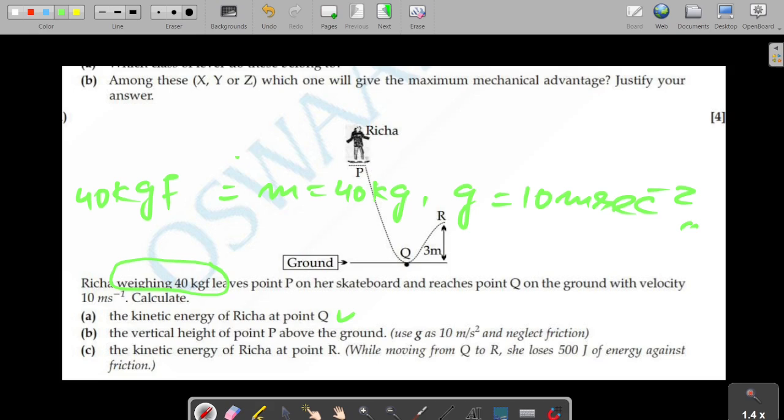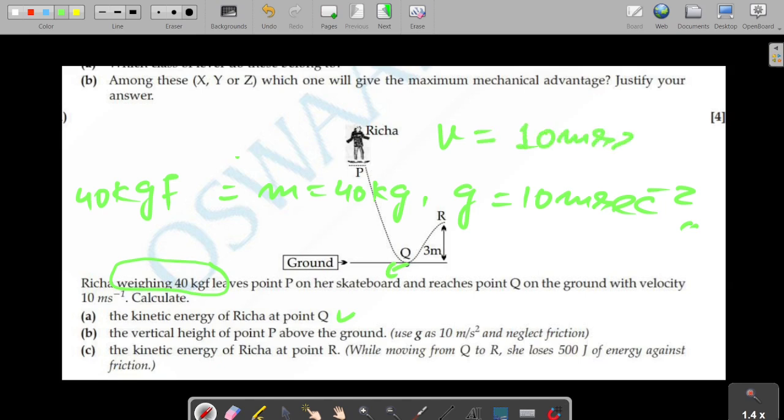Richa is at rest at point P. When she starts her motion, she will have some velocity and she will reach point Q. The velocity is given, simply 10 meter per second.